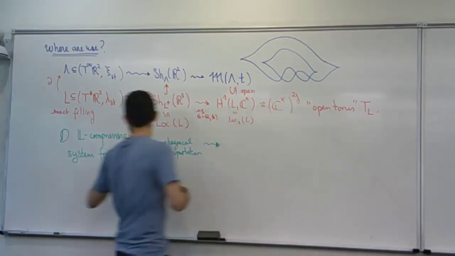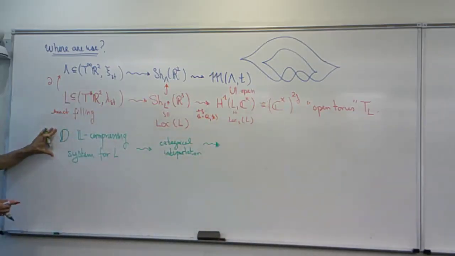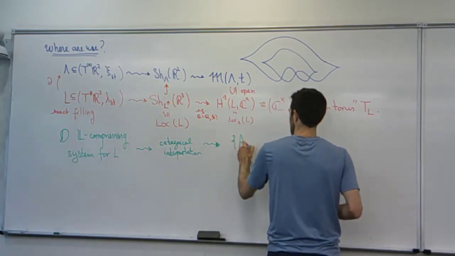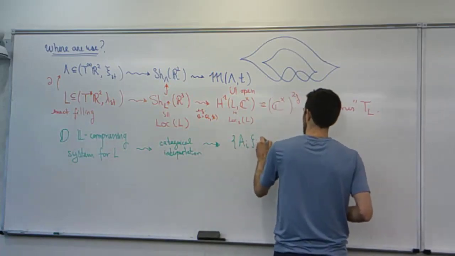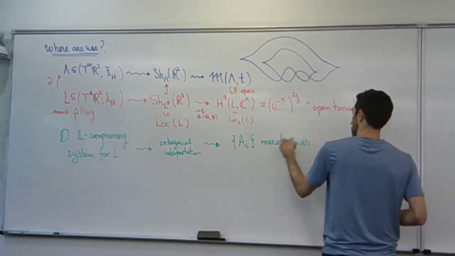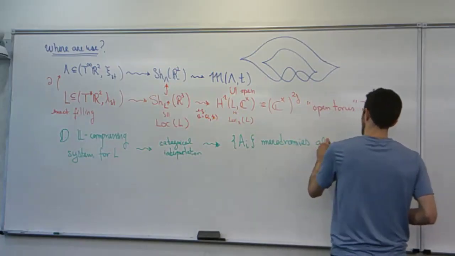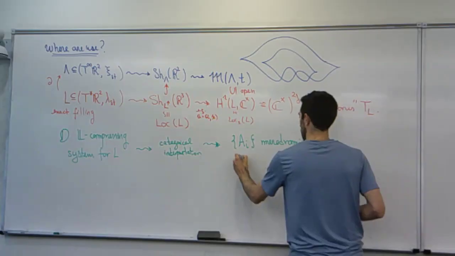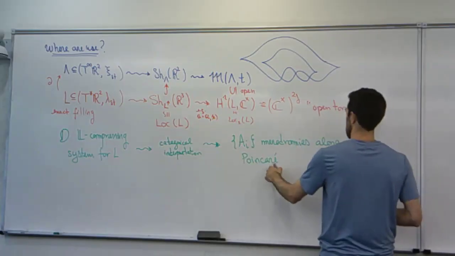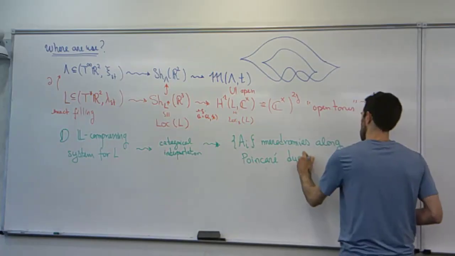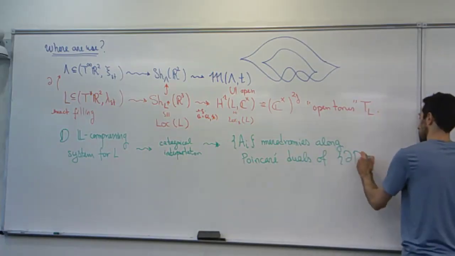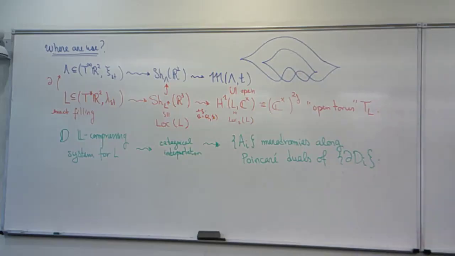What I was telling you this morning is that these L compressing systems give you a set of functions called A sub i, and these are the monodromies around the boundary, so monodromies along the Poincare duals of the boundaries of the bases, assuming this is a maximal compressing system. Okay?